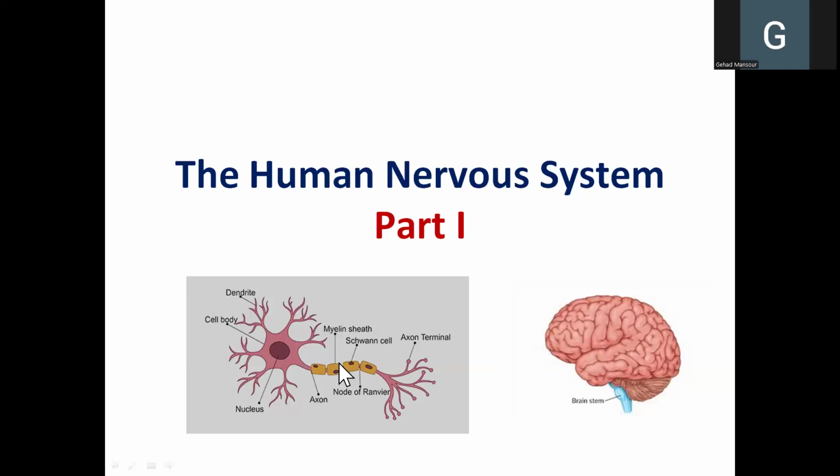Of course, there is a great difference between a neuron and a nerve. Here we are talking about a neuron, meaning that we are talking about an individual nerve cell and not about a nerve, which is a collection of neurons arranged in a parallel manner.